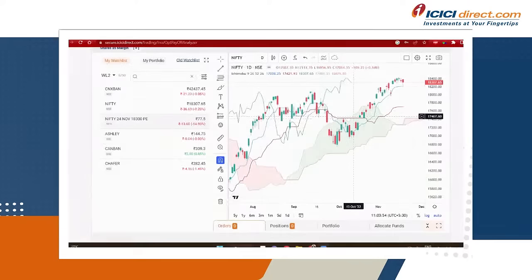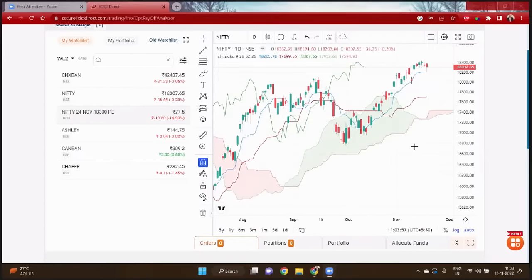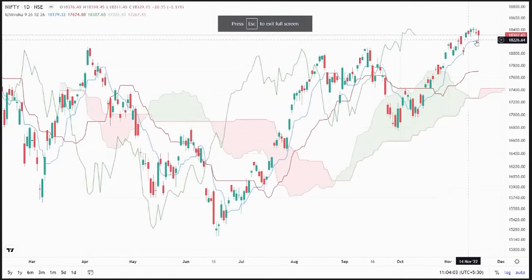And also, we can see that if we go to the daily, one second, yeah. So we can see out here that the candles in the daily got smaller.